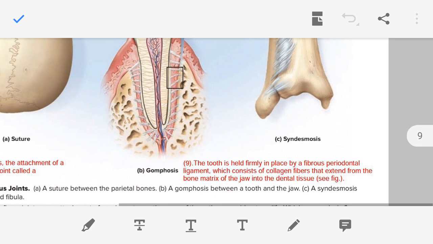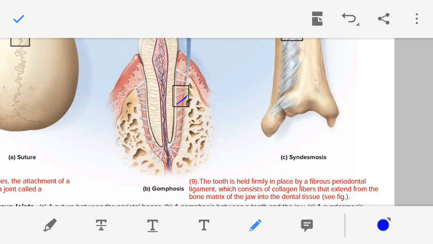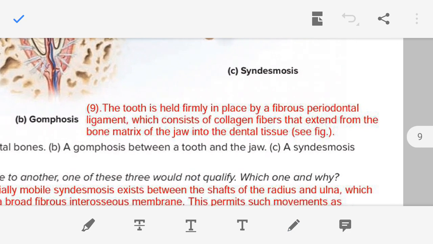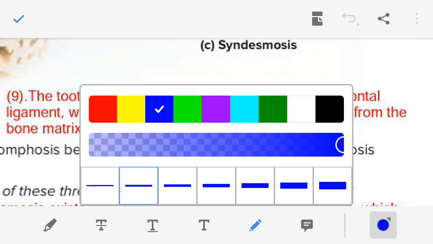I am showing you, for example, over here, these are all periodontal ligament. What are these periodontal ligaments made up of? They are made up of collagen fibers.